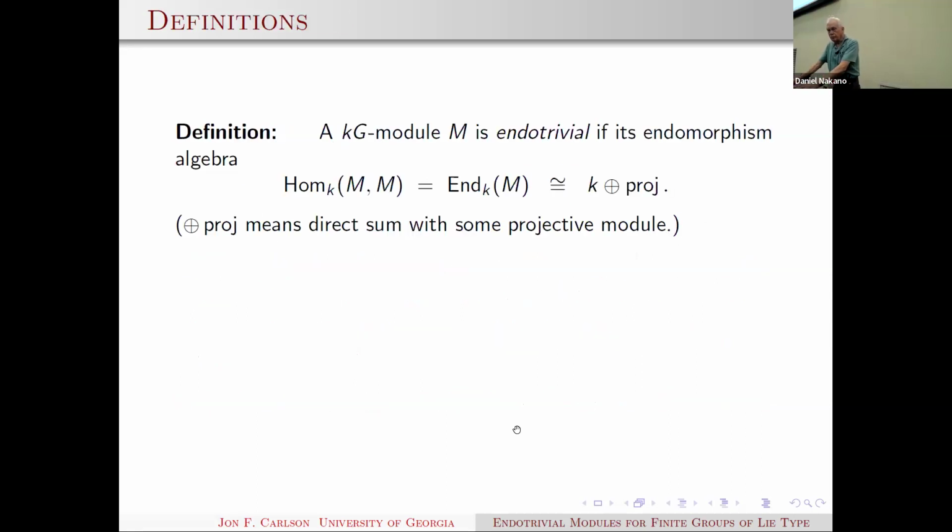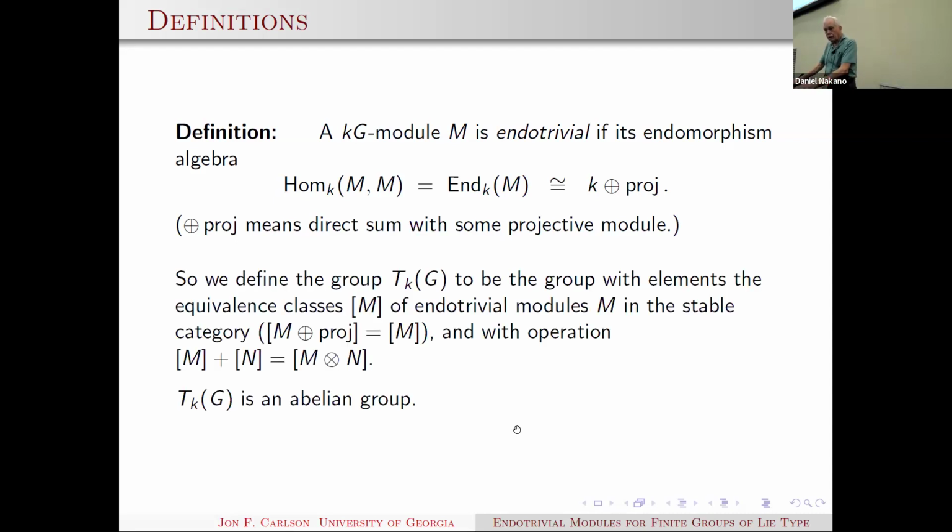So here's the definition. A kG-module M is endotrivial if this k-endomorphism ring is a trivial module in the stable category, where you throw out projective modules. So Hom_k(M,M) is just the trivial module plus a projective.